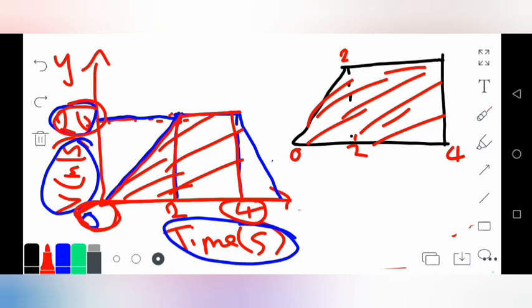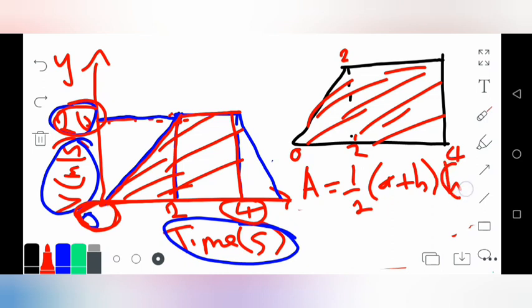The area of the shape is simply half, a plus b, multiplied by the height. So you have to understand what your a, b and h are. The h is just the vertical distance moved, and from this graph, from 0 all the way up to 20, so that is our height.